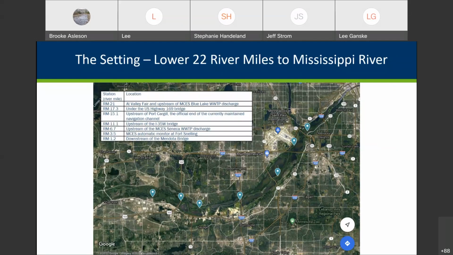Those segments are broken up based on hydrology for the most part, or entering into municipalities or other jurisdictional areas like county borders, city borders, such as that. So for this study, we did have 7 sites in this lower 22-mile reach, and these are historic sites that have been monitored many times, large data sets, but unique conditions kind of dictate the work that we did, and I'll get into that.